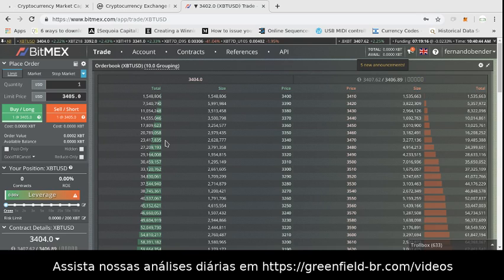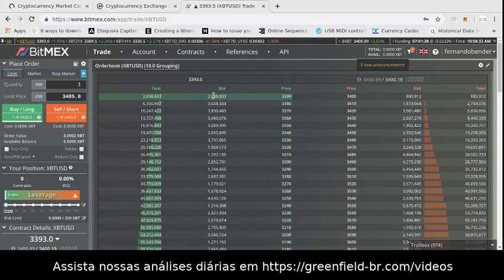Now finally, in the BitMEX order book, what we see is that a lot of orders are building up in the range of $3,390. We see about 5 million, nearly 6 million. We group in each $10 to avoid spoofing.